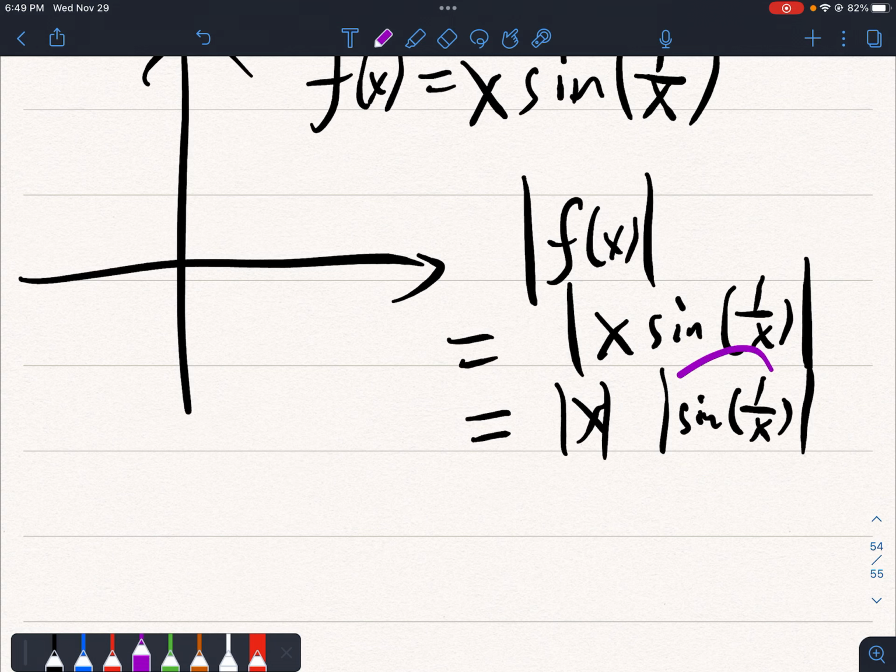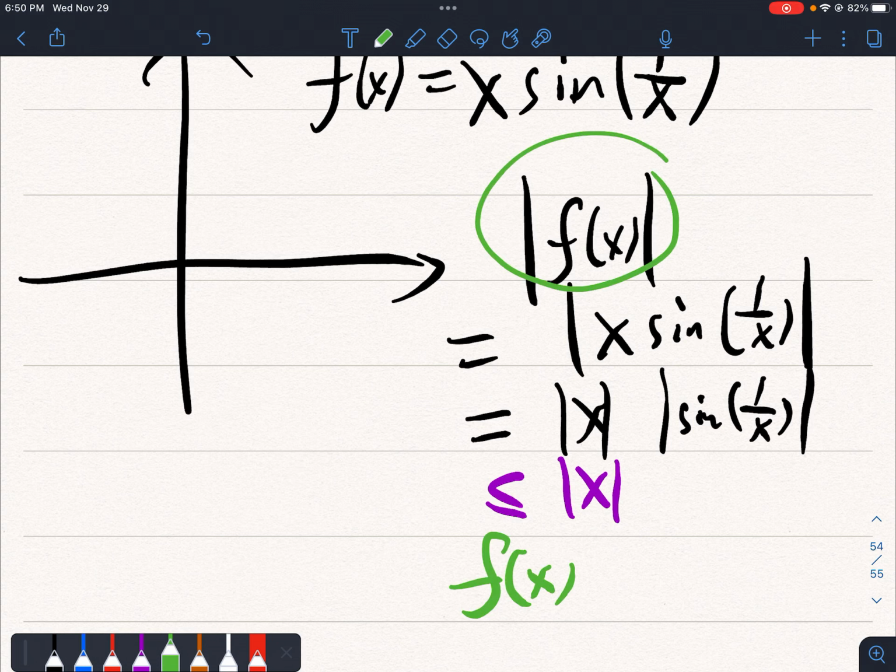So if we take the absolute value, then it's always less than or equal to 1, no matter what this is, because the sine of anything is at most 1. So then this entire thing is less than or equal to the absolute value of x times 1, which is just the absolute value of x.